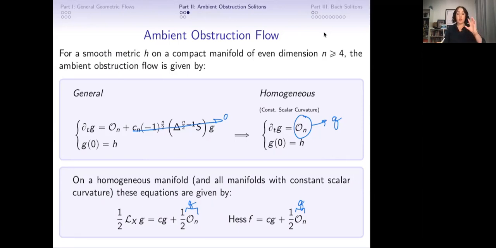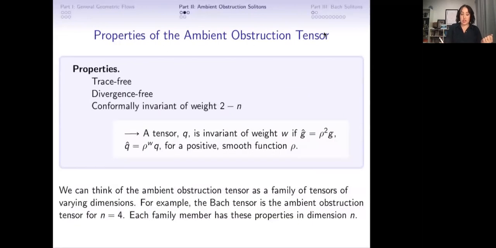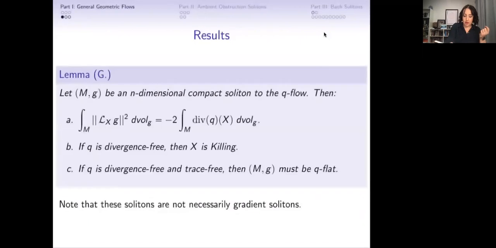Now, if you recall back to about two slides ago, we looked at the ambient obstruction tensor being trace-free and divergence-free. If you think back to part 1 of the talk, we saw that we had this result: if Q is divergence-free and trace-free, then our manifold must be Q flat.